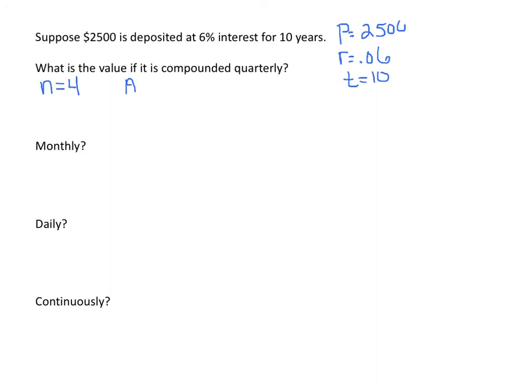So A is equal to 2,500 times (1 + 0.06/4) to the power of 10 times 4.